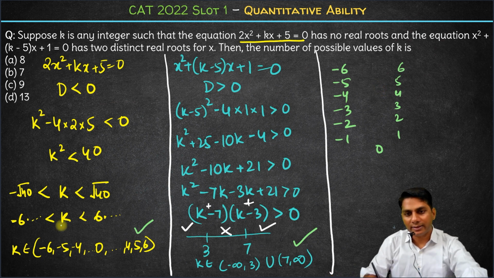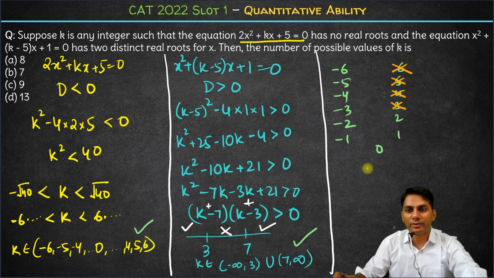All of these were the acceptable solutions from the first case, and out of this, if you see, the numbers from 3 to 7 are not acceptable, including 3 and 7. So 3 is not acceptable, 4 is not acceptable, 5 is not acceptable, 6 is not acceptable based on this range.